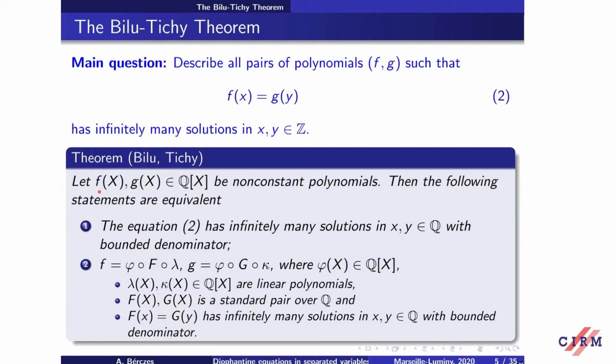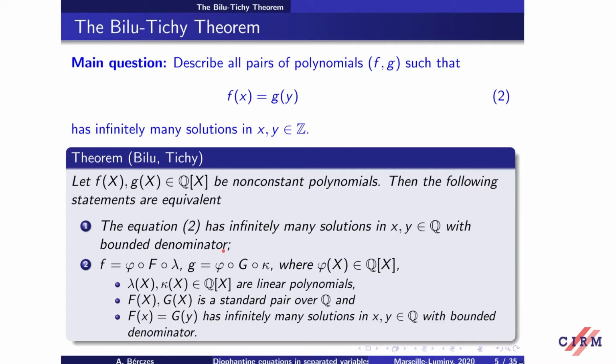In principle, this is a widely known and appreciated theorem, which became a very important tool in Diophantine number theory. They proved that if f and g are non-constant polynomials with rational coefficients, then the following two statements are equivalent. Equation 2 has infinitely many solutions in rational numbers with bounded denominator.